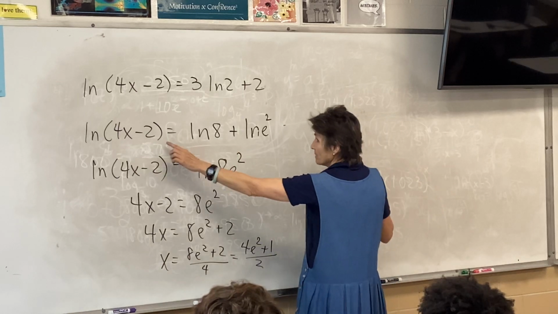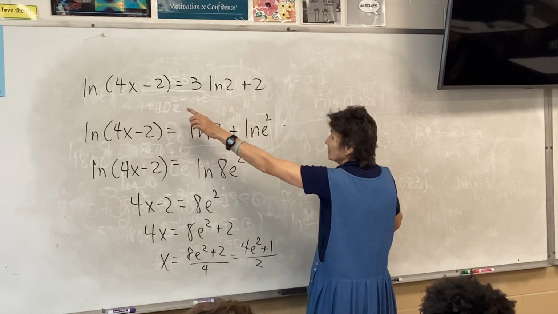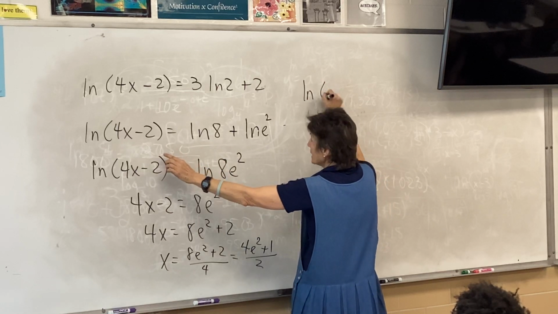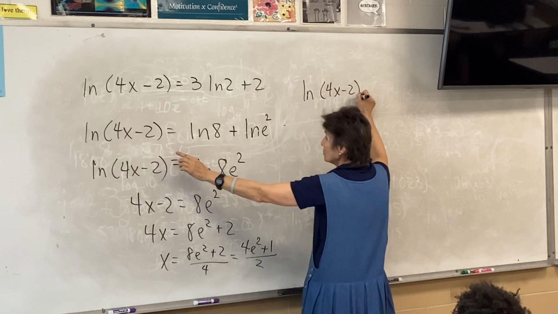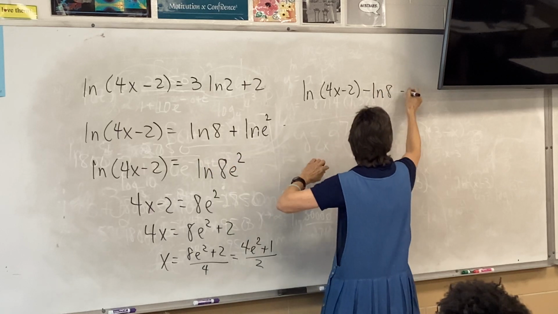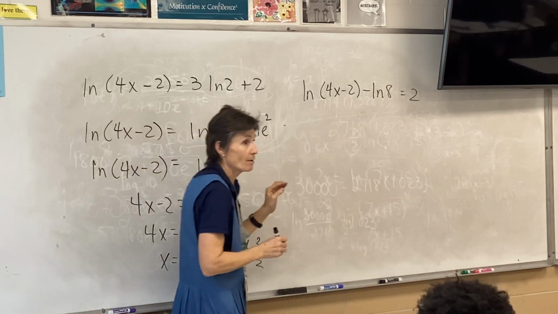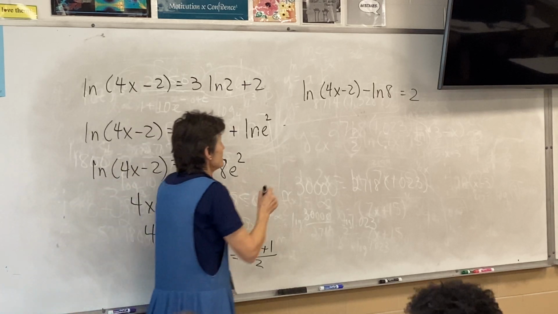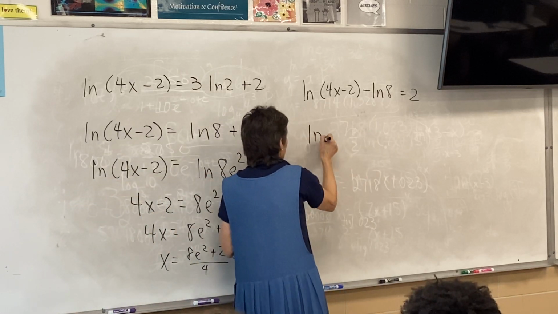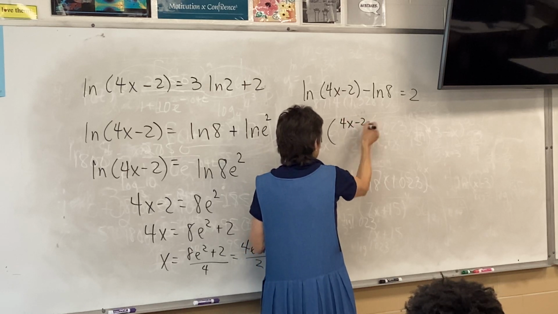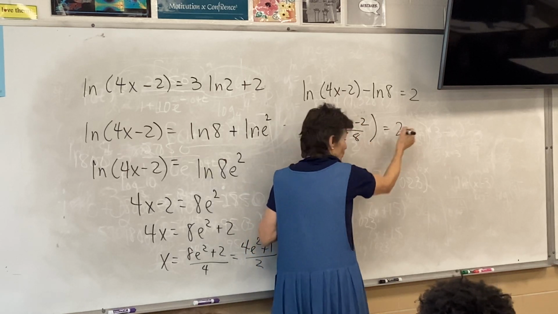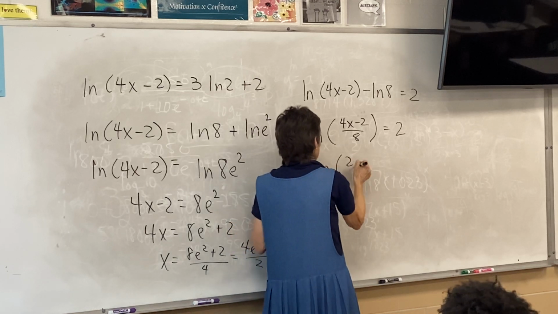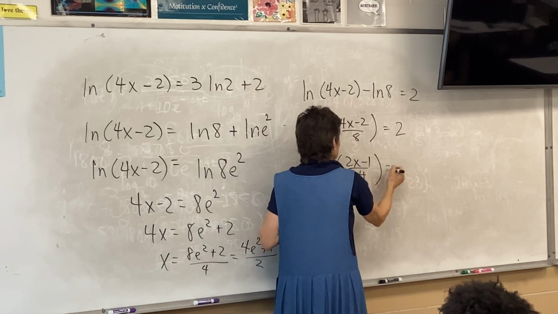The other option would be to subtract this guy over to this side. So you'd have ln 4x minus 2 minus ln 8 equals 2. In other words, put the logarithms on the same side. Now we can put them together, so ln of 4x minus 2 over 8 equals 2. ln of 2x minus 1 over 4 equals 2.